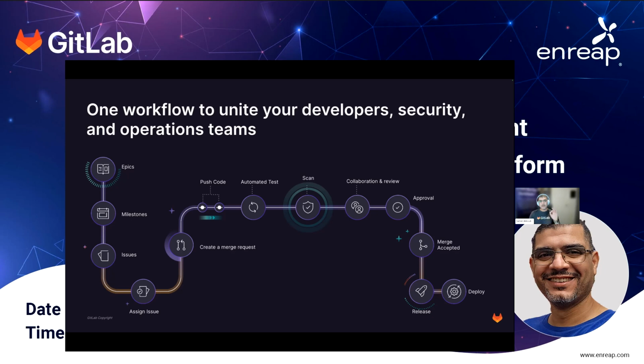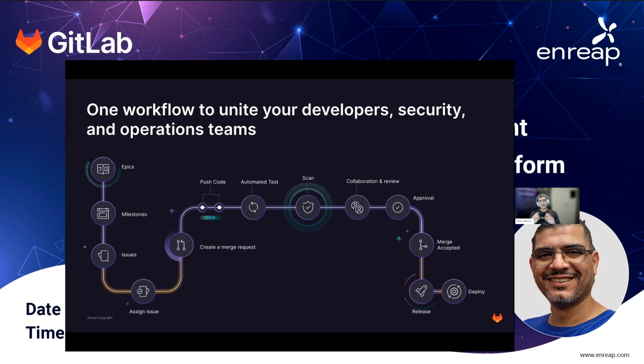Now, something very important to mention here is because it is all under the same platform, GitLab is the only platform today in the market that can answer the question thoroughly and fully confidently, how long does it take me to go from idea to production?